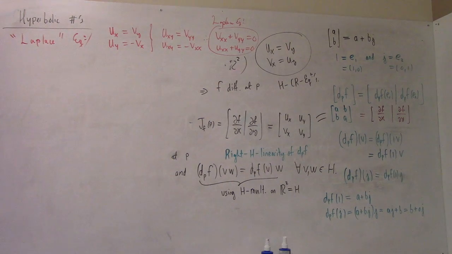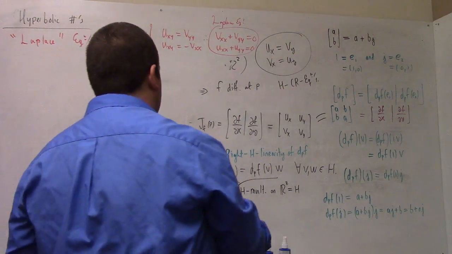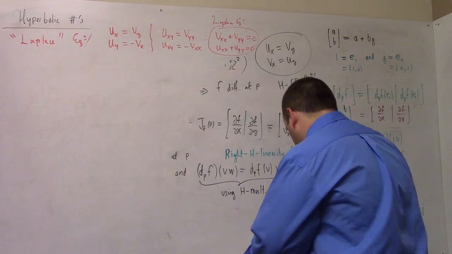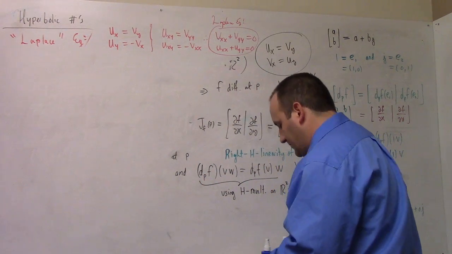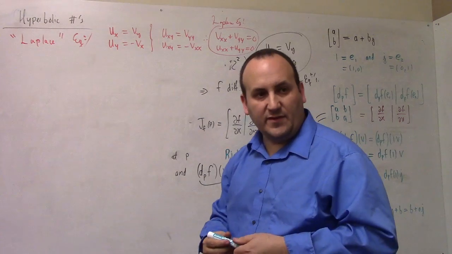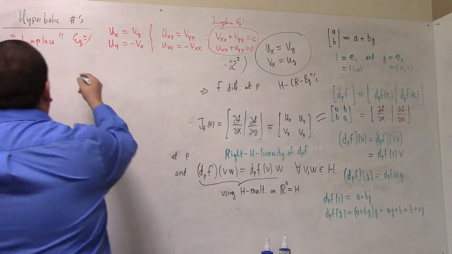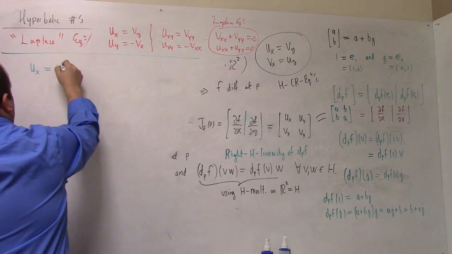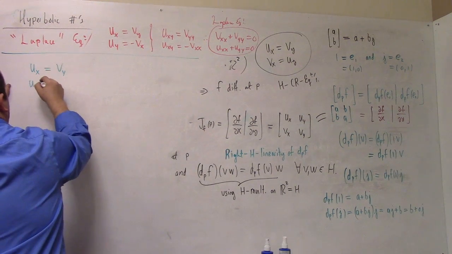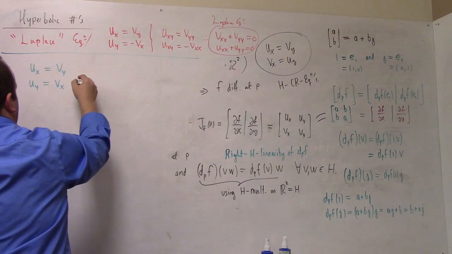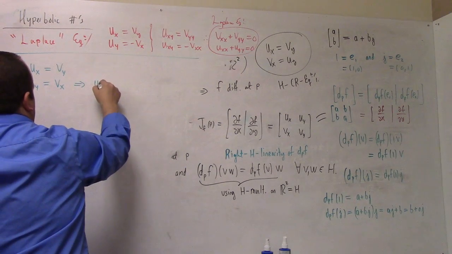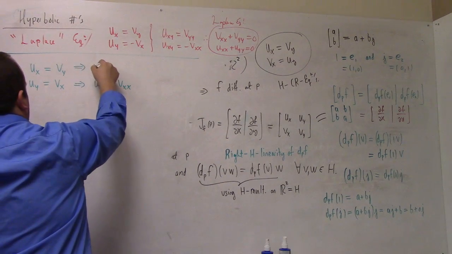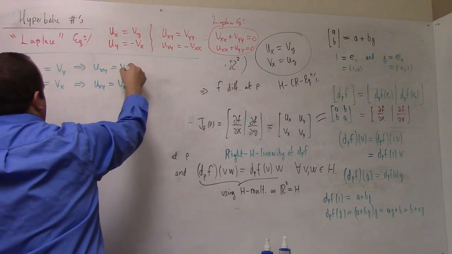A hyperbolic differentiable function is something else. We have these equations, right? So when we do this same kind of calculation, exploiting the commutativity of the partial derivatives, what happens? We have ux equal to vy, and we have uy equal to vx. So this says uxy equals vxx. This tells me that uxy equals vyy.